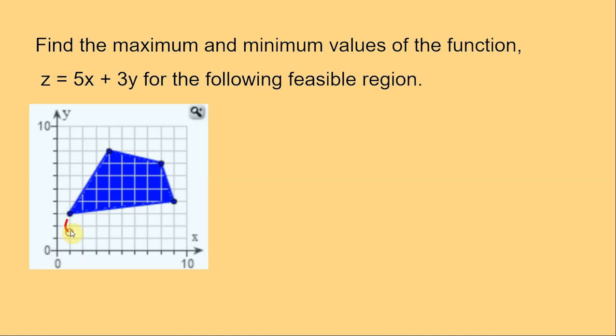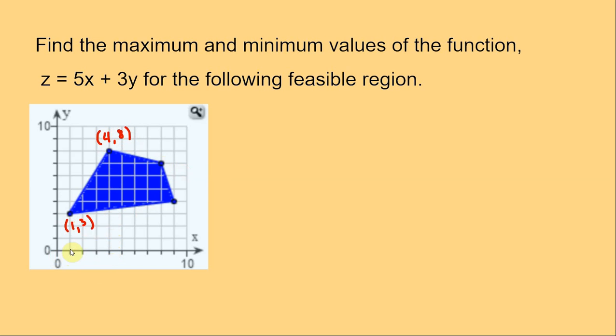So the coordinates of that point is 1, 3. This one right here, I would go to the right 1, 2, 3, 4, and up 1, 2, 3, 4, 5, 6, 7, 8. So 4, 8.